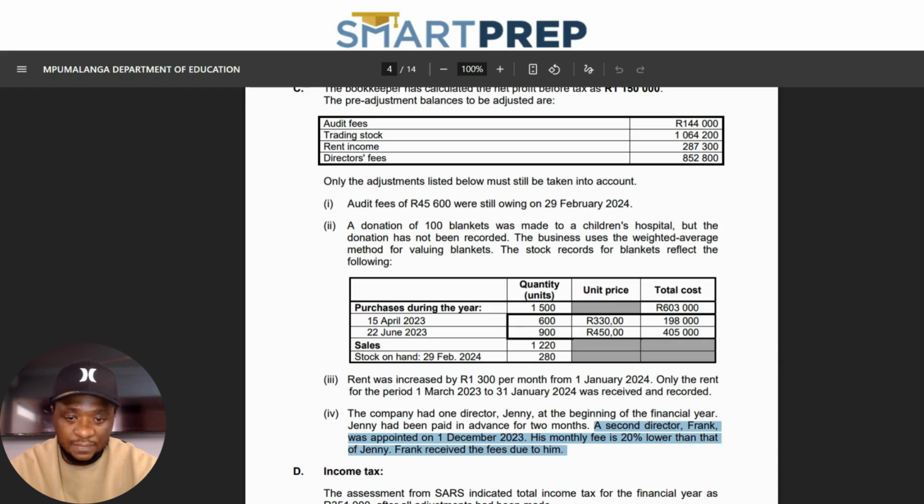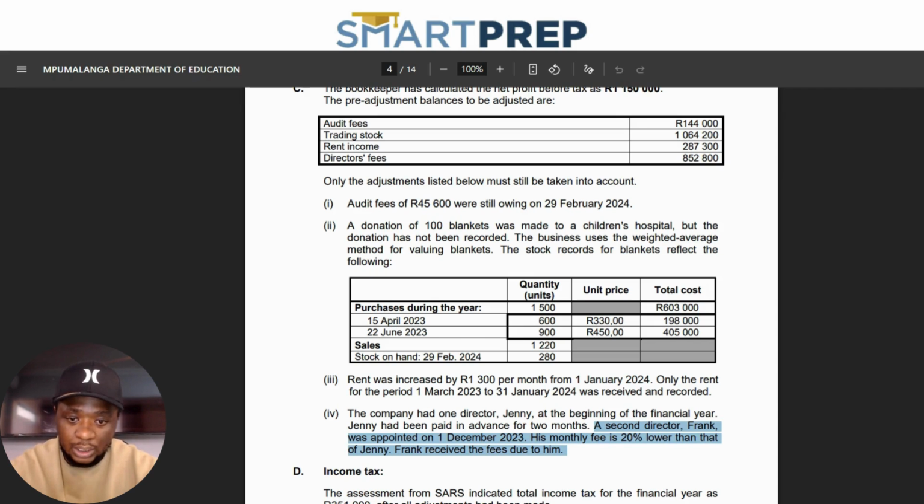Frank received the fees due to him. Okay, so this is interesting, and it requires quite a bit in terms of the calculations that we need to do. It's going to be one of those complicated calculations, but hopefully you do understand once I've done this calculation. All right, cool.